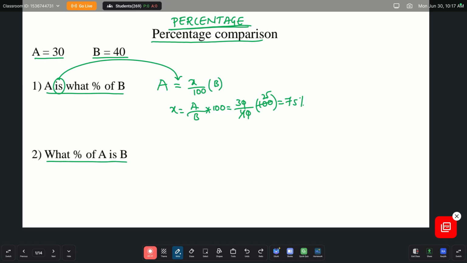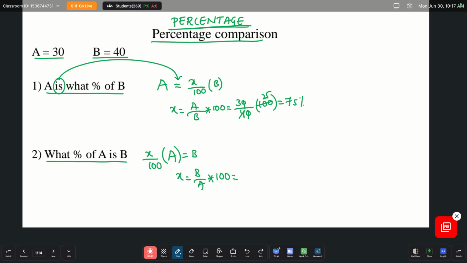What percent of A is B? Again what is it? X. Percentage means per 100, and "of" means multiplication, where A is equivalent to B, so x equal to B by A into 100.